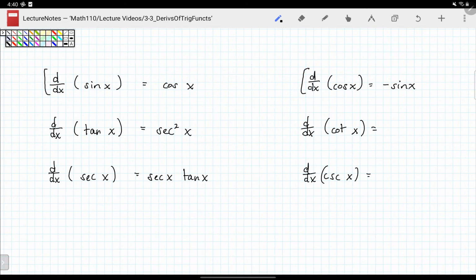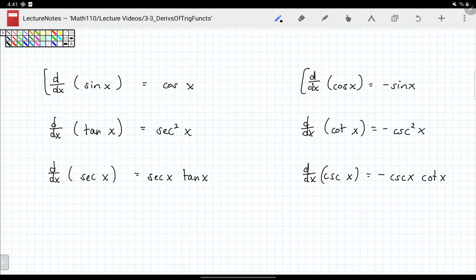So the derivative of cotangent is the negative of the co of the derivative of tangent, so it is negative cosecant squared of x. The derivative of cosecant is the negative of the co of the derivative of secant, so it's negative cosecant of x times cotangent of x.